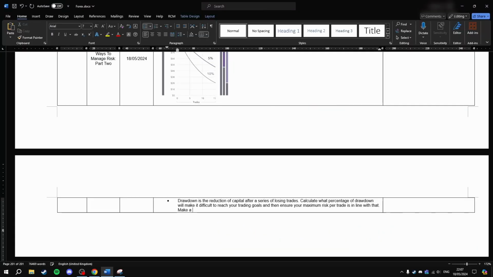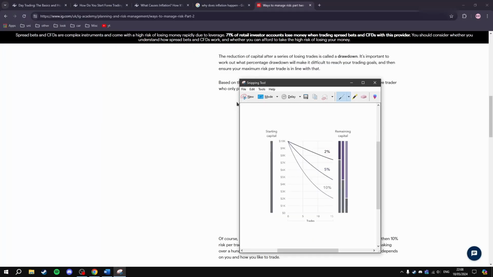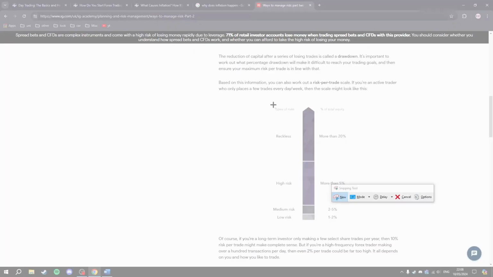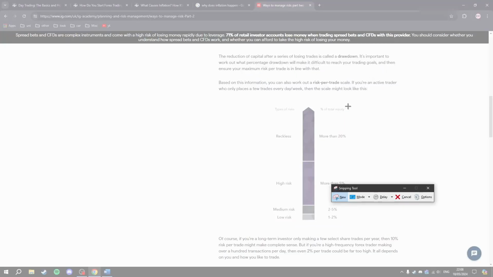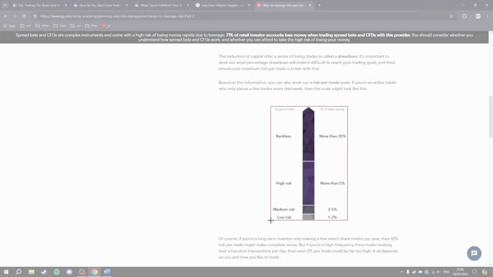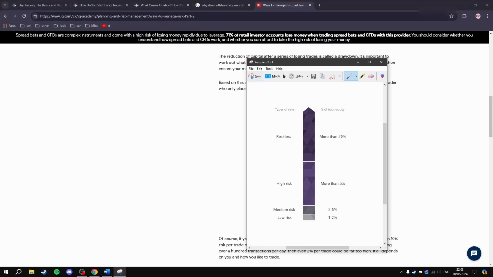So make a risk per trade scale. So like that.